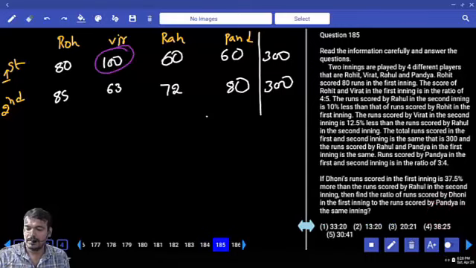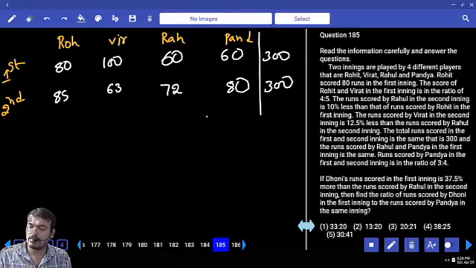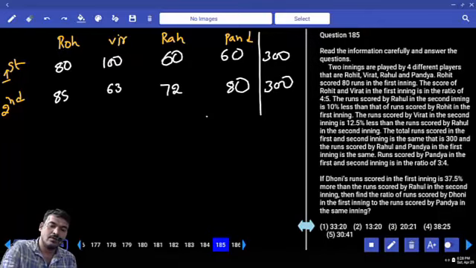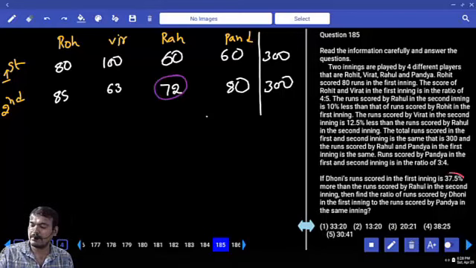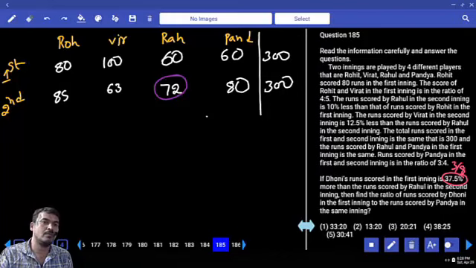Next 185. If Dhoni runs scored in the first innings is 37.5% more than the runs scored by Rahul in the second innings. What is the Rahul score in second innings? 72. In that 37.5% more, 37.5% means it is 3 by 8. 3 by 8 more means one will be 8 parts, another one 11 parts. What is the 8 parts value? 72.